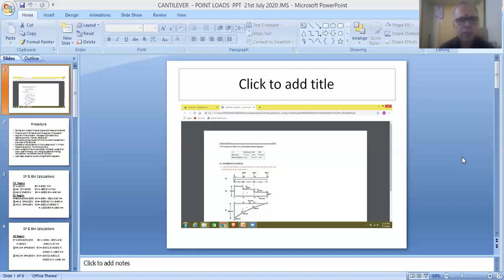So here we have to solve a problem on this cantilever. We have to make calculations of shear force and bending moment values. And taking these values, we have to construct two diagrams.